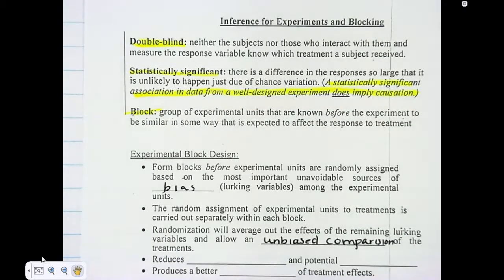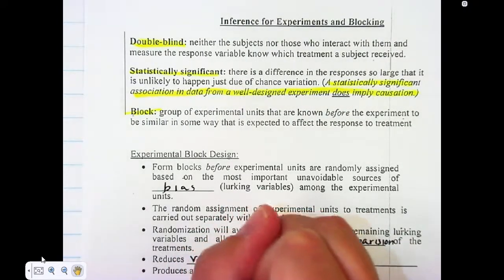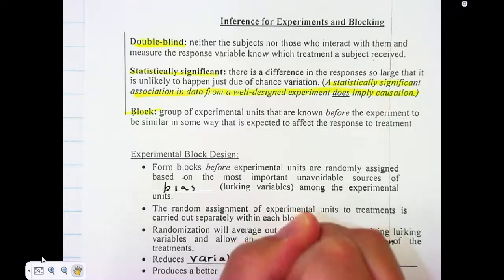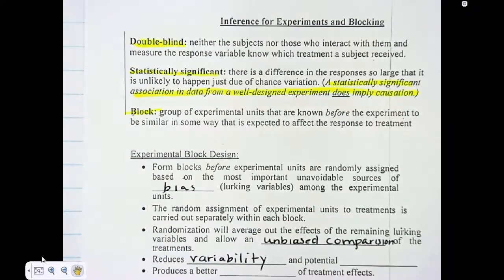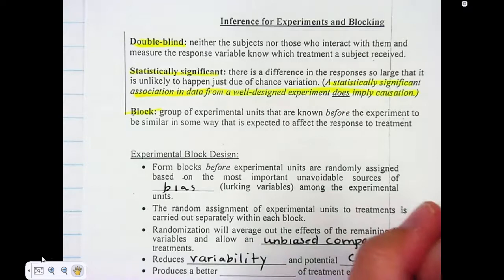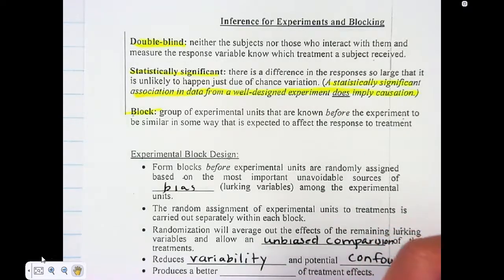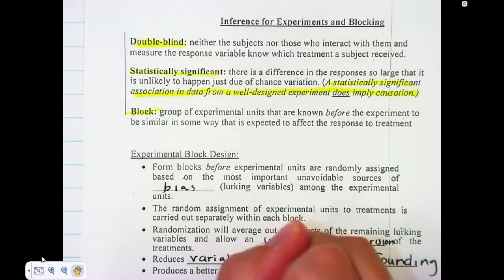Okay, what this does, it reduces variability and any potential confounding that's going on.